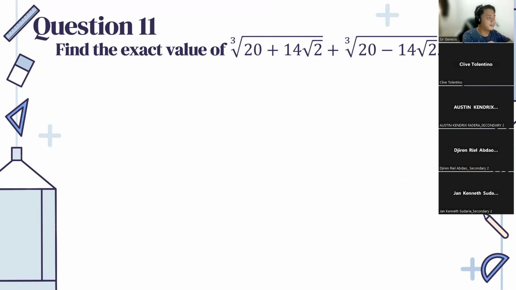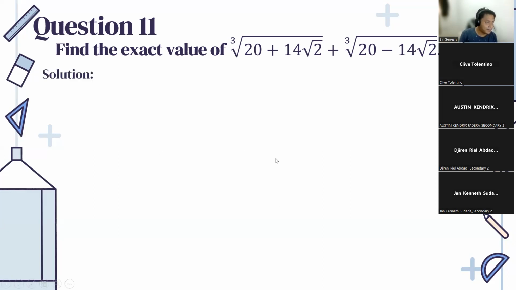Okay, so at first glance, it's actually very tiring to answer. Anyways, the way we answer this is, since we need to find the exact value of the whole expression, the first thing that we can do is try to let x be this expression, just like what we did in the previous number.